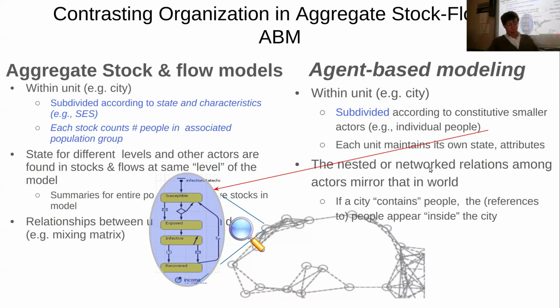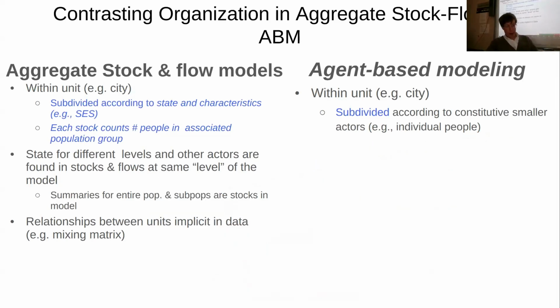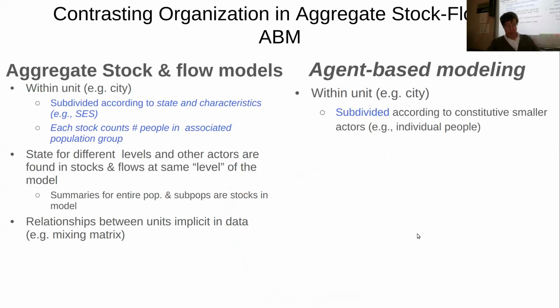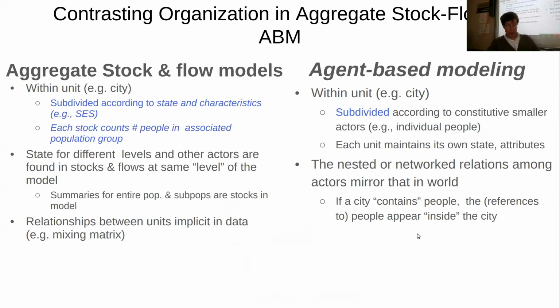And similarly, networked relations in the model can be characterized as networks of agents that mimic those in the world, instead of being characterized, say, as mixing matrices, characterizing the mixing of people in one city with those in another city, or one age group with those in another age group.